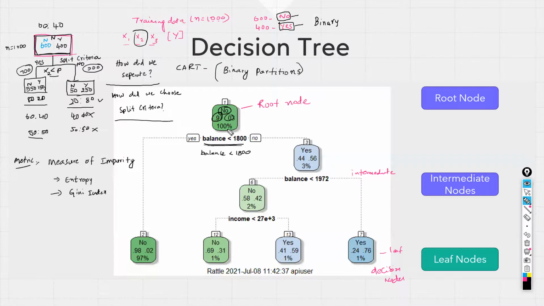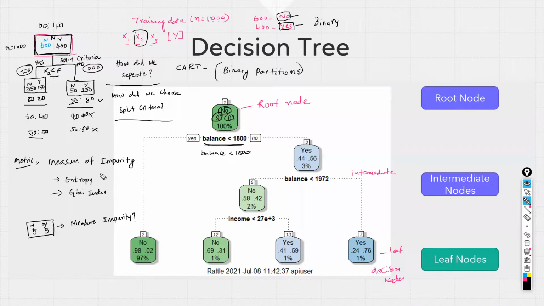Now, what is this measure of impurity? Measure of impurity is at a node always. Let's say I have 5 observations that belong to no class and 5 observations that belong to yes class here. Now, we want to measure how impure this node is.